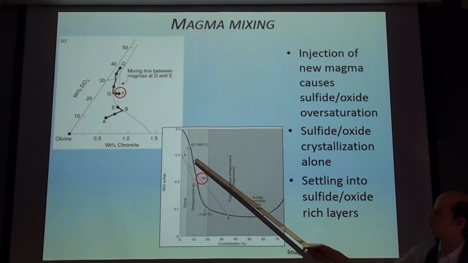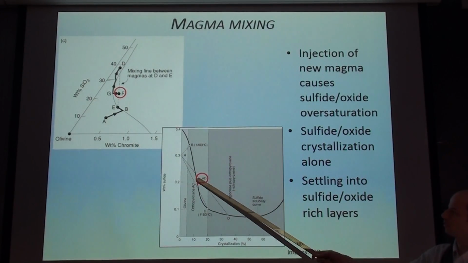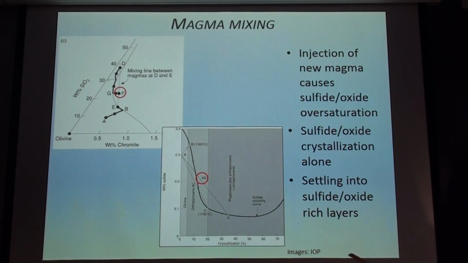These 2 mix, and we have a mixed composition at AD, which is over the sulfide solubility curve, and therefore we have basically sulfide saturation and precipitation, and we form these massive sulfide layers. Everyone clear?